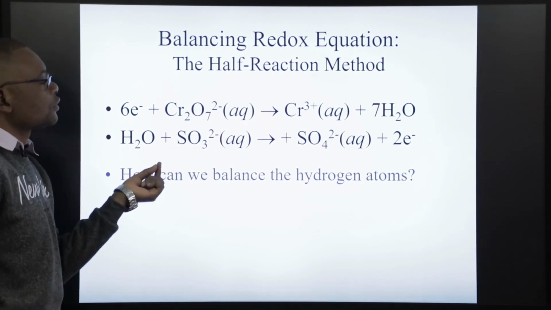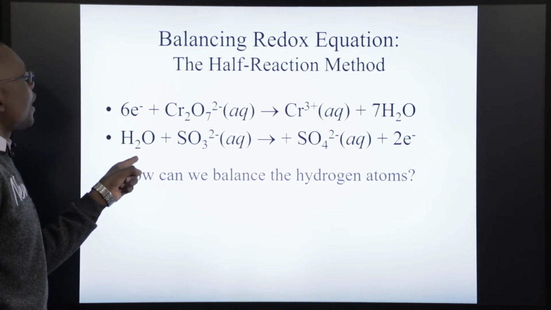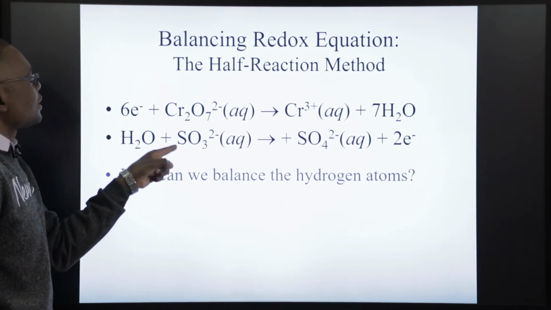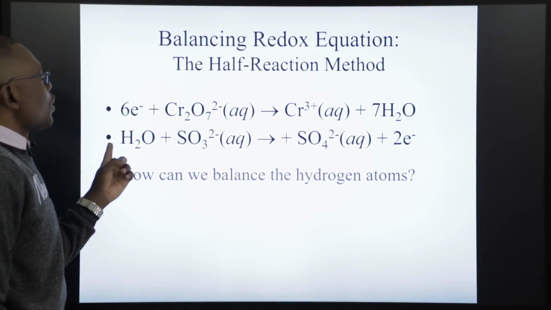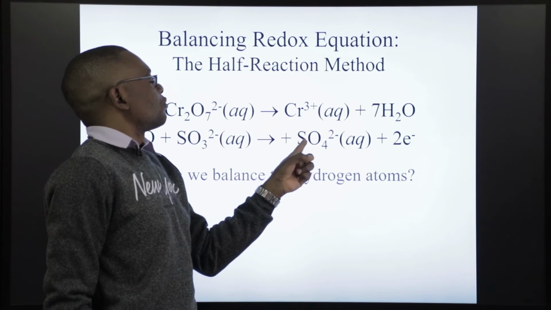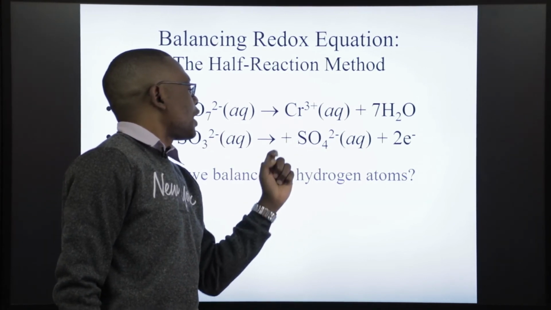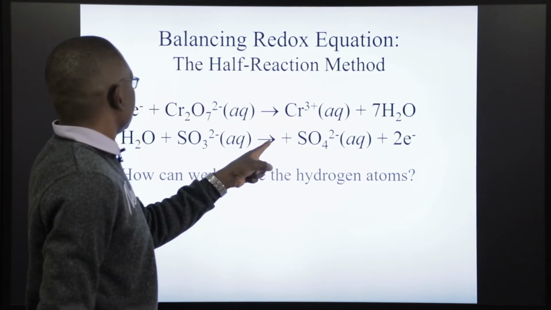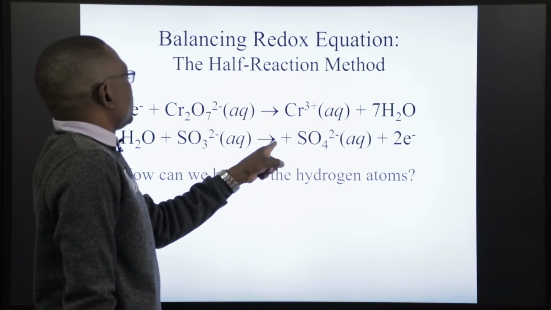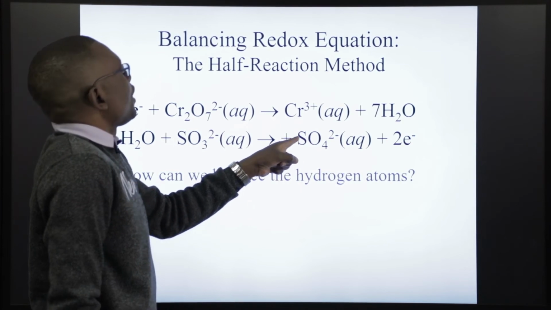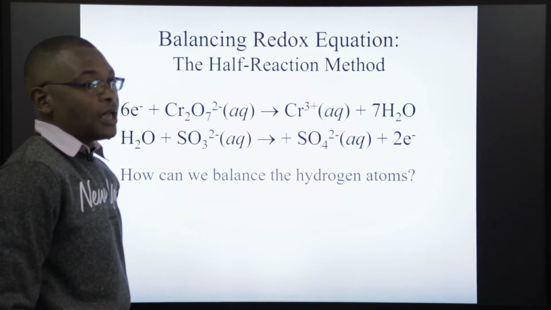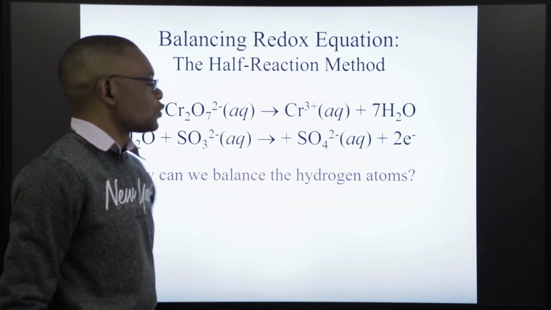And then here we can see that where we have a water molecule plus SO3 2 minus, we end up having SO4 2 minus plus 2 H plus plus 2 electrons.